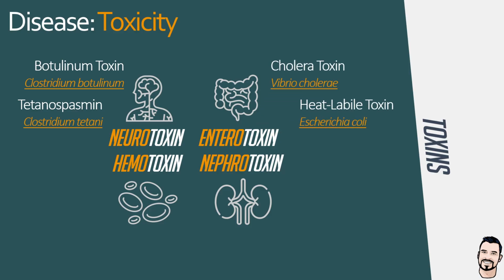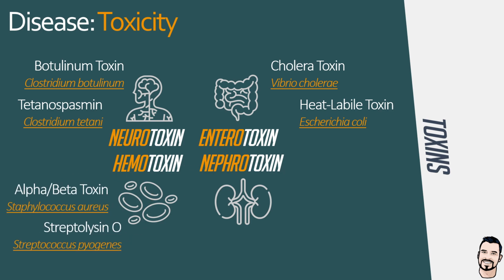For our enterotoxins, we have the cholera toxin produced by Vibrio cholerae and the heat labile toxin of Escherichia coli, both of which disrupt intestinal ion transport, leading to fluid secretion into the gut and diarrhea. Next, we have hemotoxins such as the alpha and beta toxins of Staphylococcus aureus, as well as streptolysin O produced by Streptococcus pyogenes.